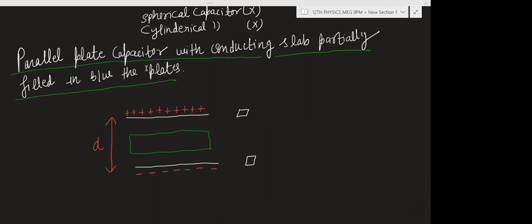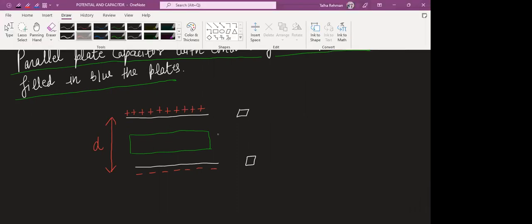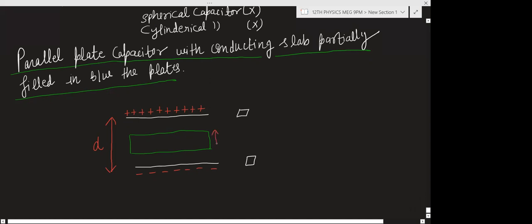So this distance is d, and the thickness of this conducting slab is t. This is a conducting slab, or you can say this is a conductor.